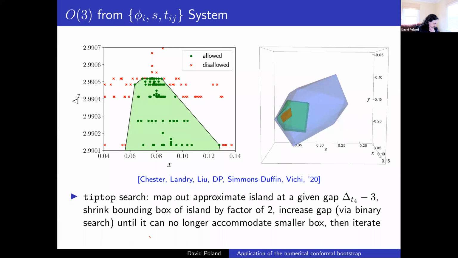So in this case, all we're doing is inputting the gap in this 4-index tensor sector. When we have a green allowed point here, it means we're assuming that all 4-index tensors start at dimension 2.9905 and above. So they could have a dimension anywhere above 2.9905.